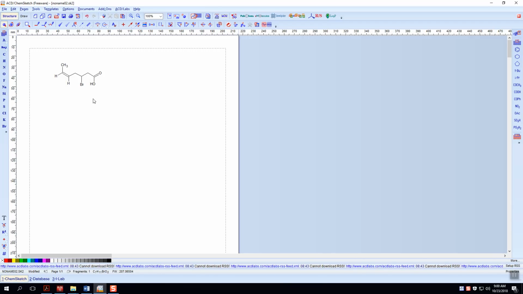I now need to draw the benzocaine that I was told I have to separate my molecule from. So I'm going to go ahead and draw that, starting with the ring. And over here, I want to put a carbon. And then, sorry, I didn't want to do that. I want to put an oxygen here. Make that a double bond.